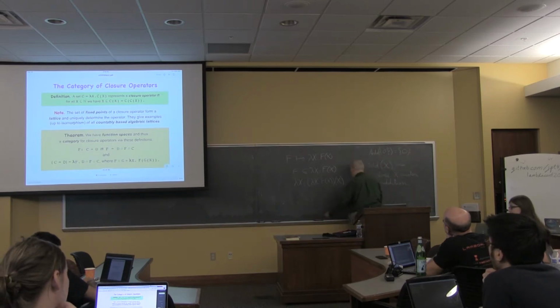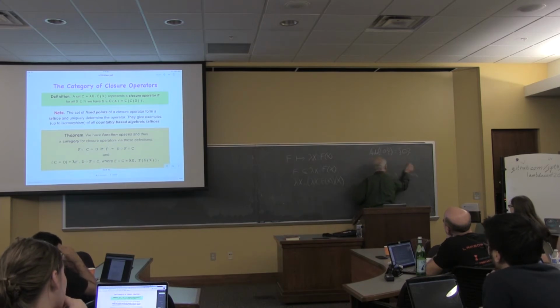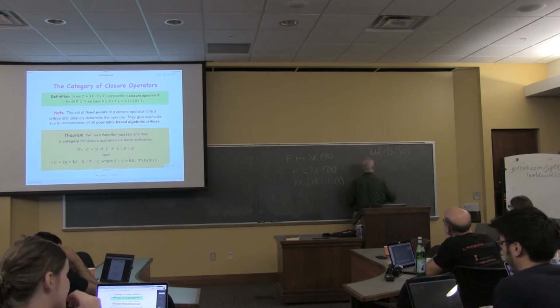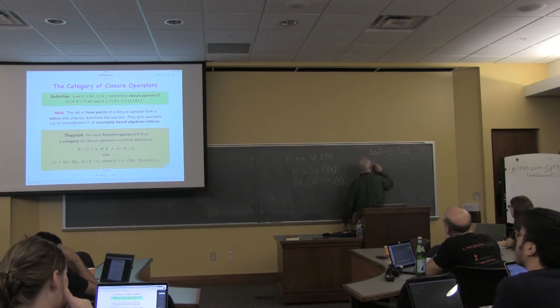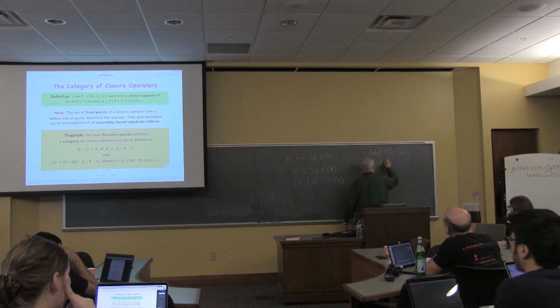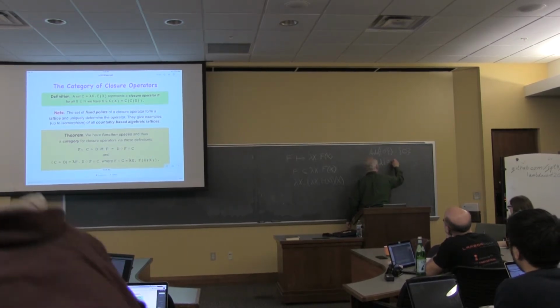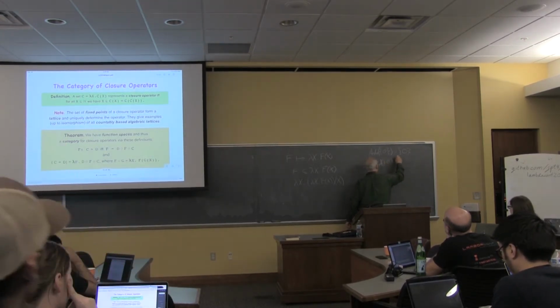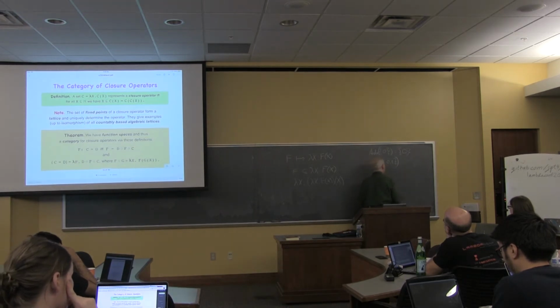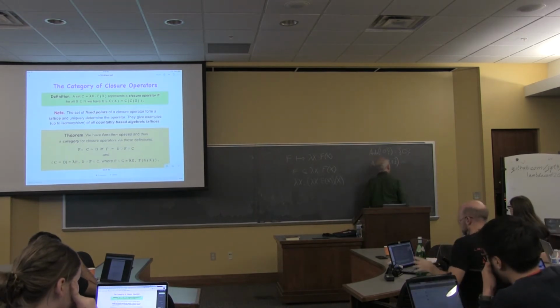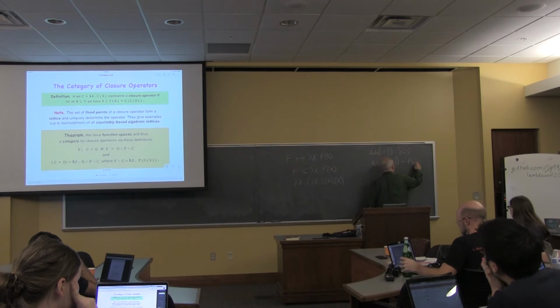But now what happens if I close under addition 0 and 1? Well, that's not very surprising. 1 plus 1 plus 1 plus 1 gives you everything, so the closure there.